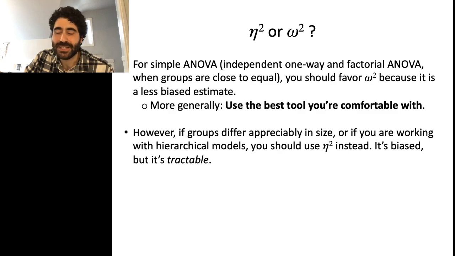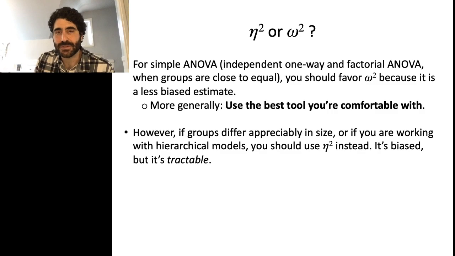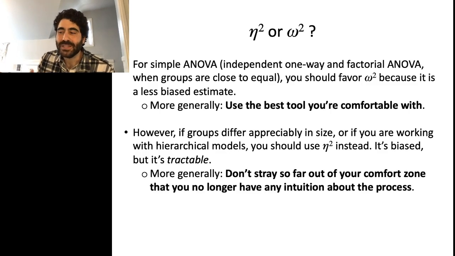But if you're in a complicated situation, for example, there's a whole other set of ANOVAs called hierarchical models, which we haven't talked about yet, where you have nested groups and subgroups inside of groups, then even computing this omega squared is really hard. In that case, the advice might be to fall back on these simpler effect size measures, these simpler tools where we know what the problems are with them, but at least we know how to interpret them.